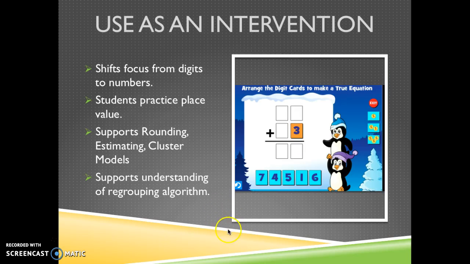I'd like to go over how we would use this as an intervention. So this game focuses on place value and understanding place value. So it shifts the focus from individual digits to actual numbers and what each number represents in its current place value place. So this is one of the games that they do. This is a regrouping game where students have to fill in the blanks there in order to make it a true equation.